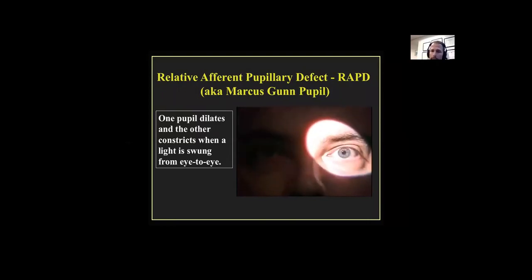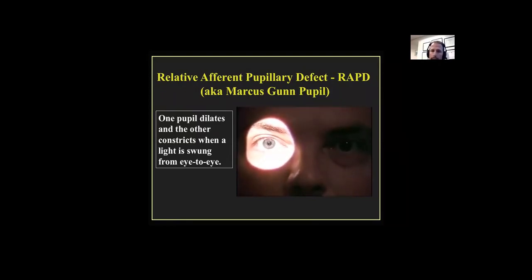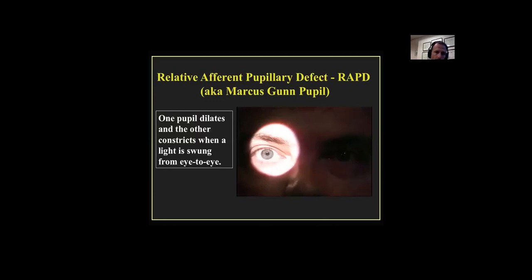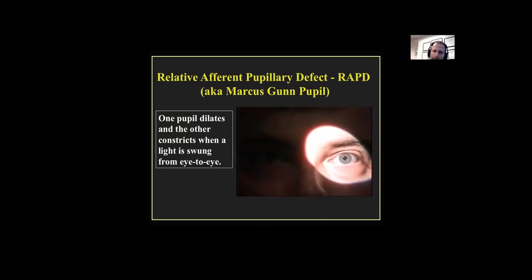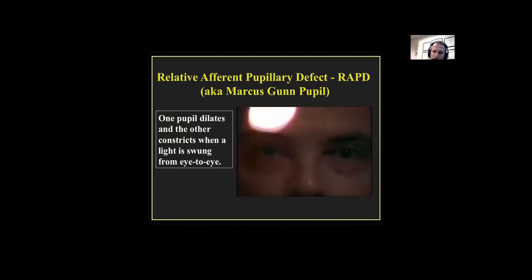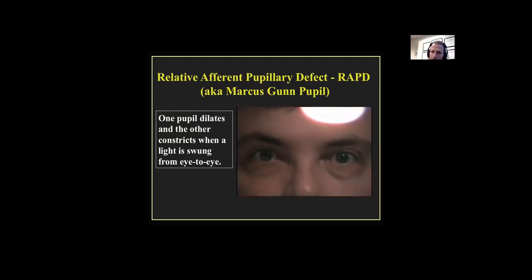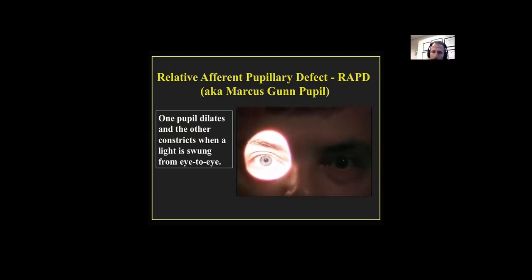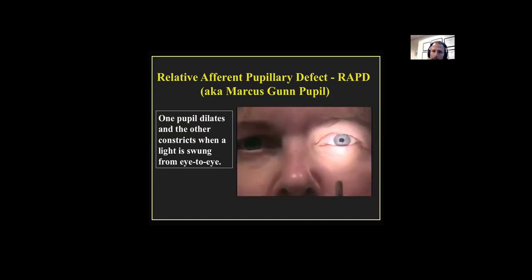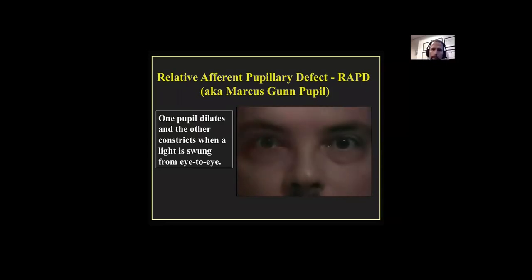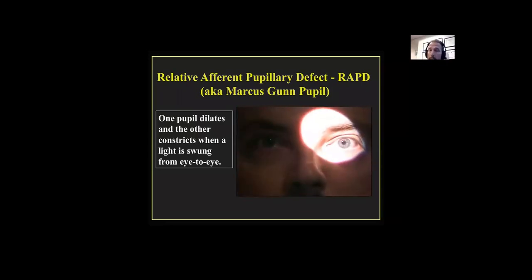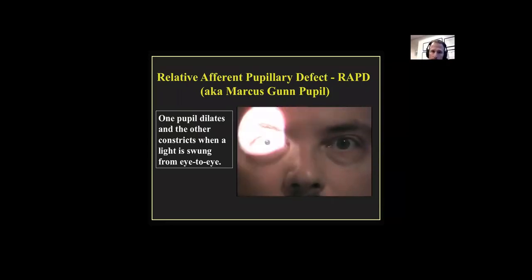Because in this patient with a moderate right relative afferent pupillary defect, more light is getting back to this person's brain when you shine the light in the left pupil. And so there's more of a response. When you shine the light in the right pupil, there's less response getting back to the brain, and the pupil doesn't constrict as much. It does constrict when you look at the direct response.